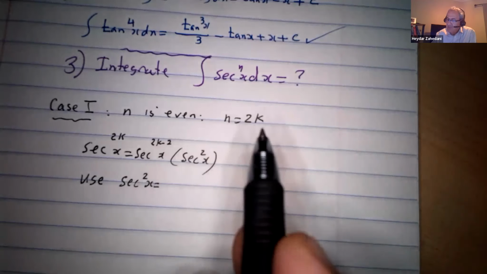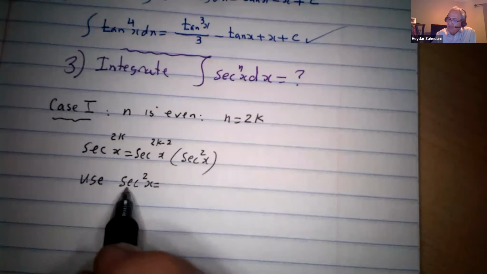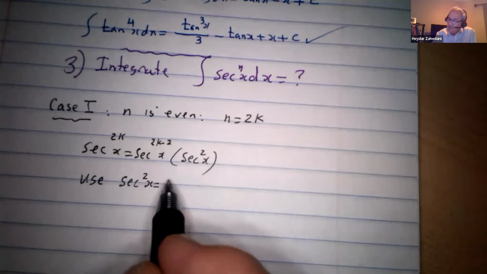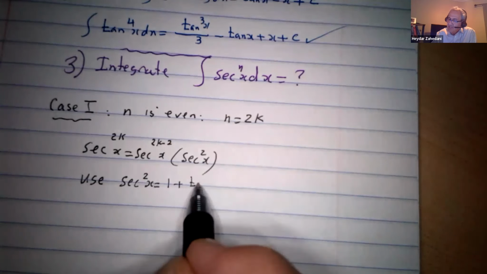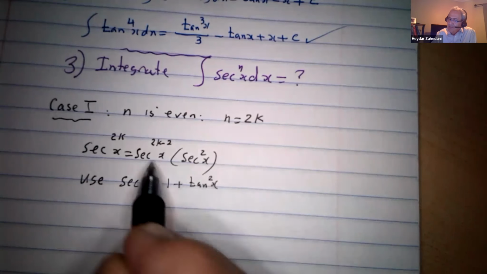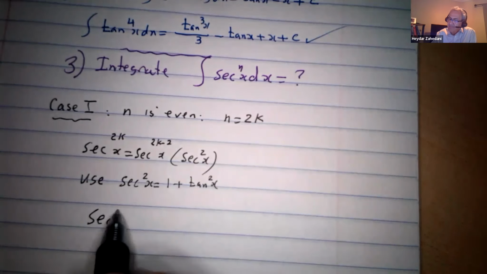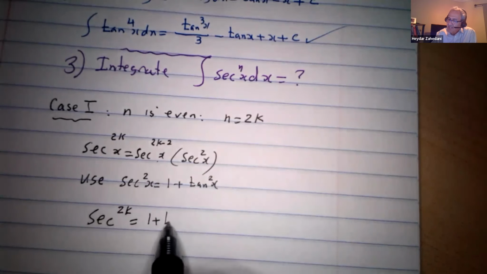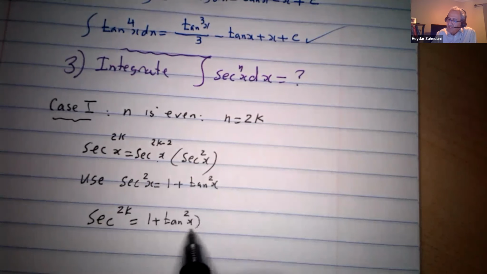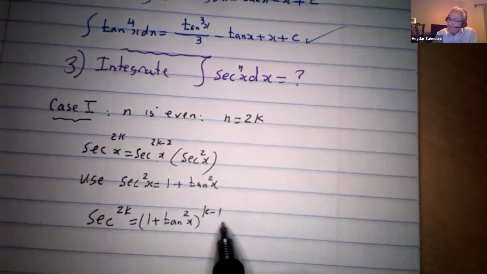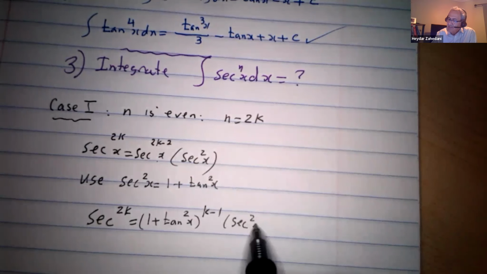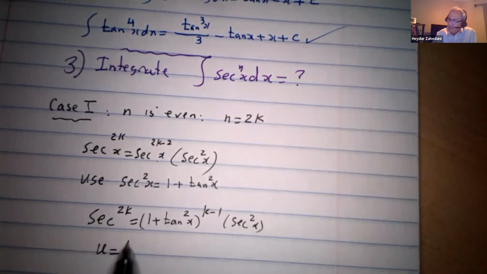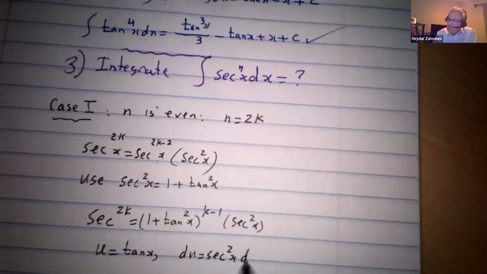So we replace this secant square here by 1 plus tangent square. So this is going to be your result. That's 2k. Over here, that gives you 1 plus tan square of x to the k minus 1, and then secant squared. So you let u be tangent, and the du would be secant square of x dx, you'll be able to do it.